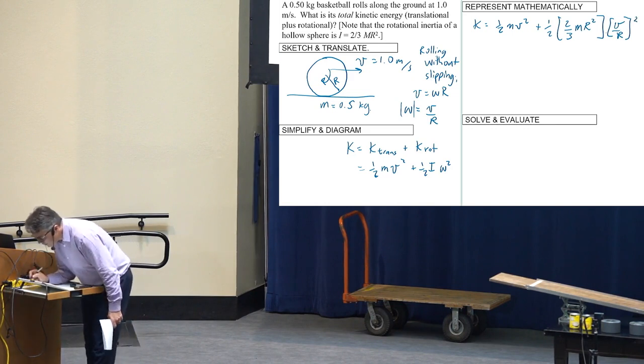Now I can square it, there's a v squared over r squared. There's a 2 over 2 times 3, which is 6, and there's an m and an r squared.